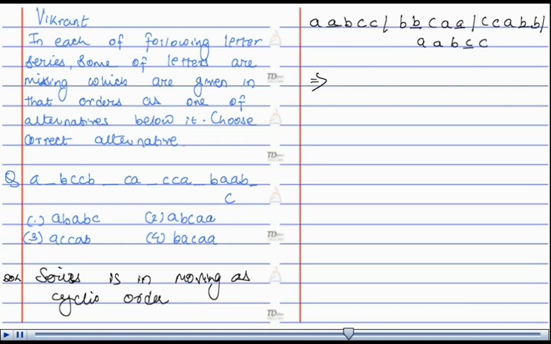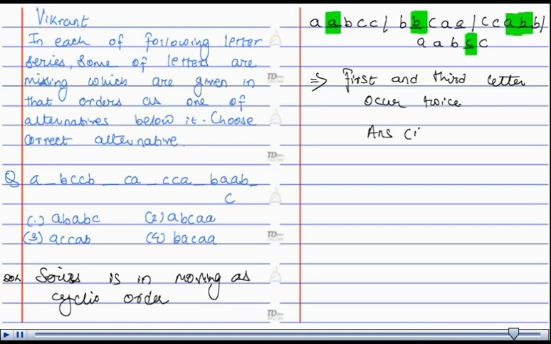The first and third letters occur twice. If you look at the sequence, it is A, then B, then A, then B, then C. So the answer is 1.